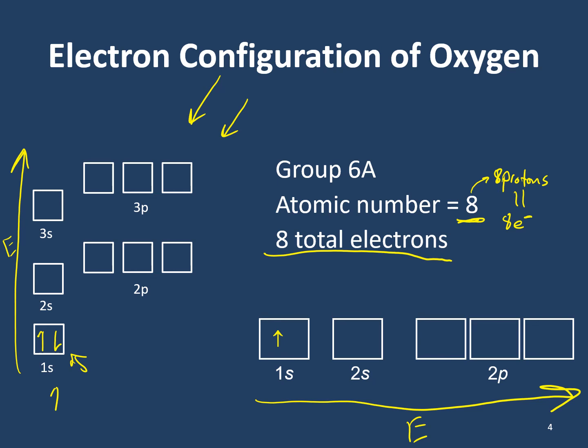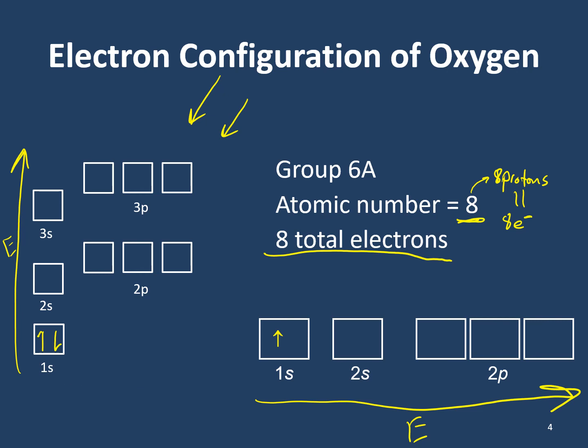We cannot do something like this or something like this. These are both incorrect, as it implies that the spin of our electron is the same. And that's not true. Remember, Pauli exclusion principle tells us that if we have 2 electrons in the same orbital, they must have opposite spin. Okay, so we put 2 of our 8 electrons in here.